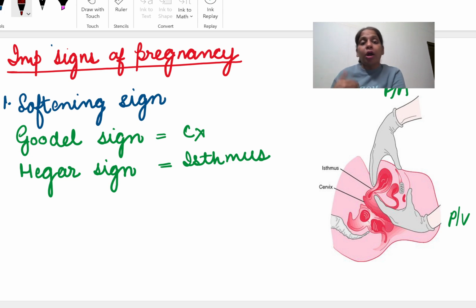In Hindi, stool passage is known as hagna. So good hagna, they have to be soft. So Goodell and Hegar are softening signs. Here they are checking whether the isthmus is soft or not by manual examination.